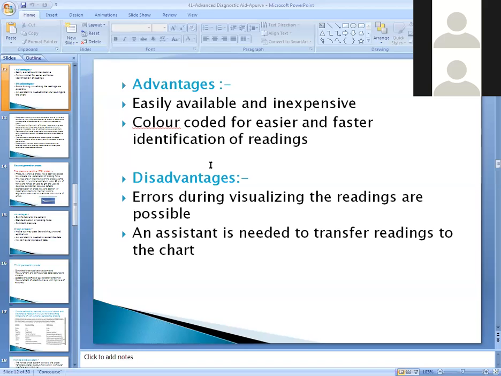Other than that, there is no standard related to manual probe. Because of that, you will not be able to decide even the probing force. If calculus is there, you will not be able to detect the CEJ with the help of this probe. So these are the disadvantages of manual probe, and because of that, pressure sensitive probes came in the market.